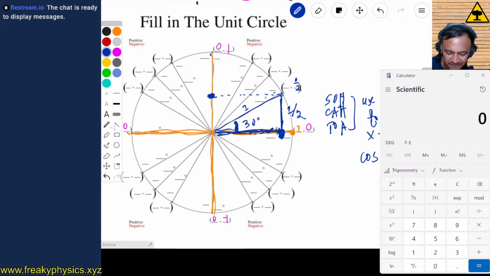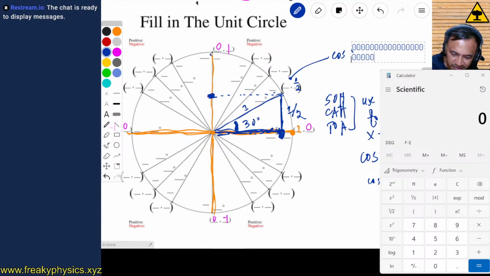Which simply gives us x. So cosine 30 degrees, right? So I'm going to go out on a limb now and say that the x coordinate right here is the cosine of 30 degrees.